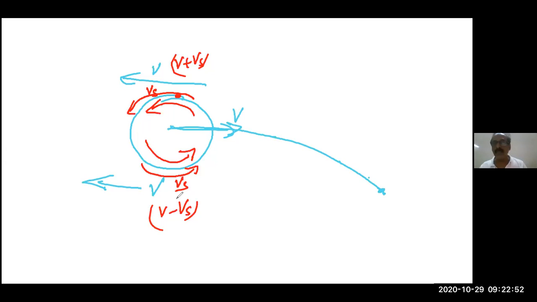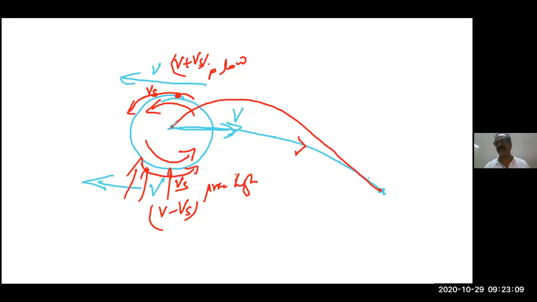By Bernoulli's theorem, velocity high means pressure low here, and here pressure high. Now this ball will get an upward push. So this person is expecting the ball to come this way, but this ball will go this way and hit here. Suddenly that path will change. This effect is known as Magnus effect.